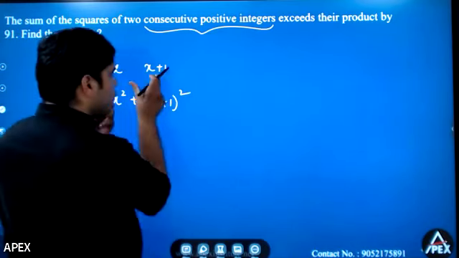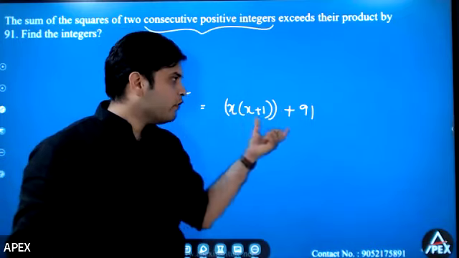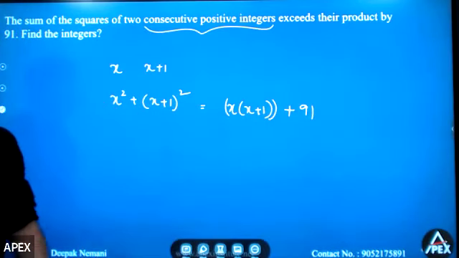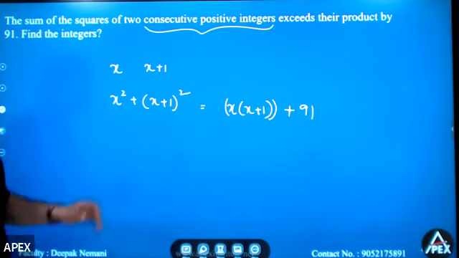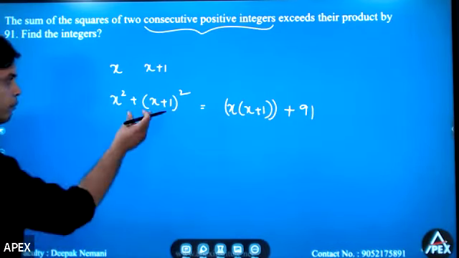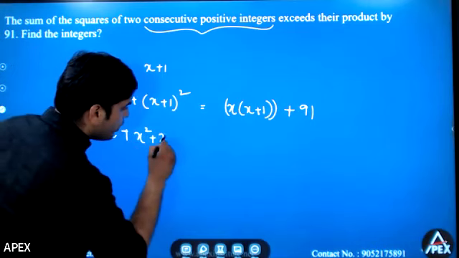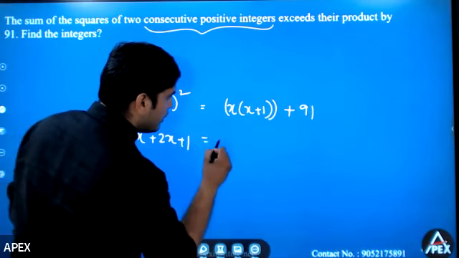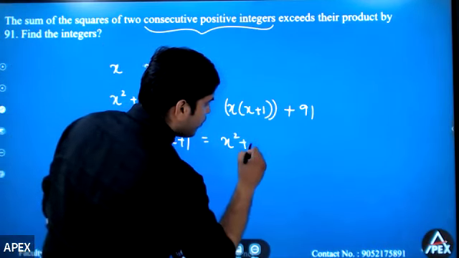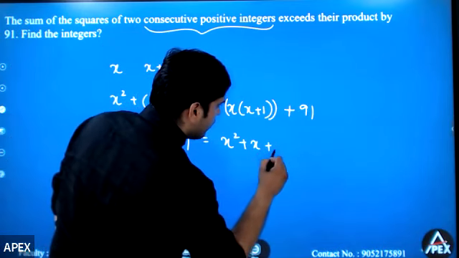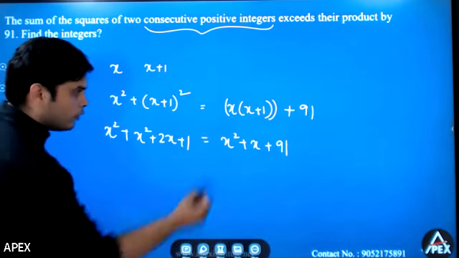Okay. Exceeds the product of these two numbers by 91. So the product of the numbers plus 91 should be equal to the sum of the squares of these two numbers. So by expanding this, we will have x square plus x square plus 2x plus 1 is equal to x square plus x plus 91.